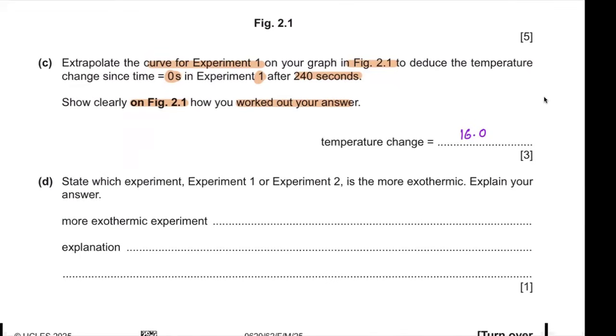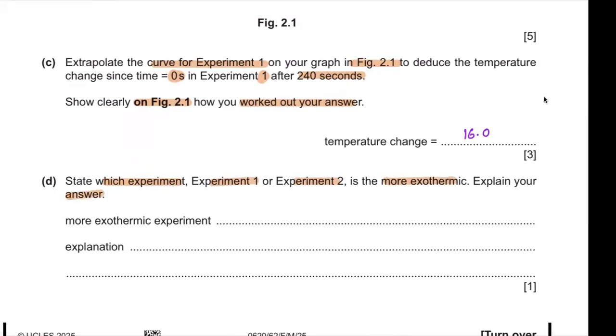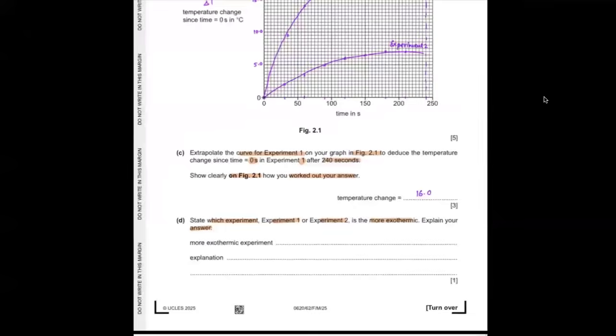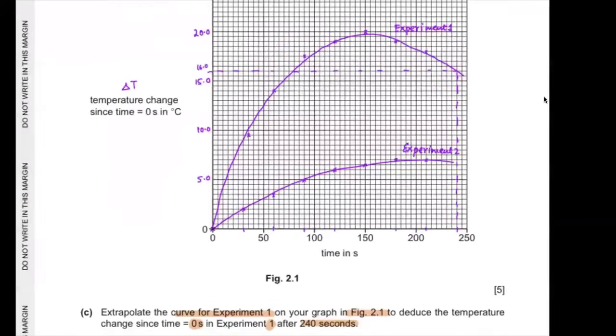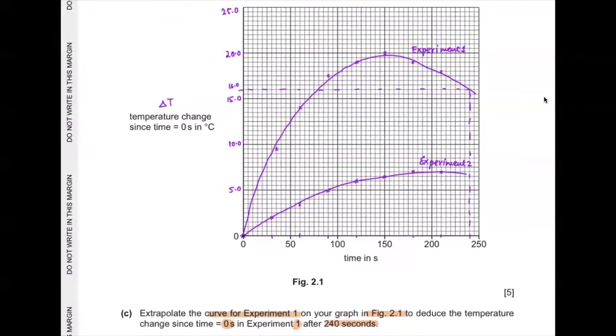Now, state which of experiment 1 or experiment 2 is more exothermic. Explain your answer. Yes, if we see, we can easily identify. You can keep it as a curve, because it's an extrapolation and it is in the form of a curve.